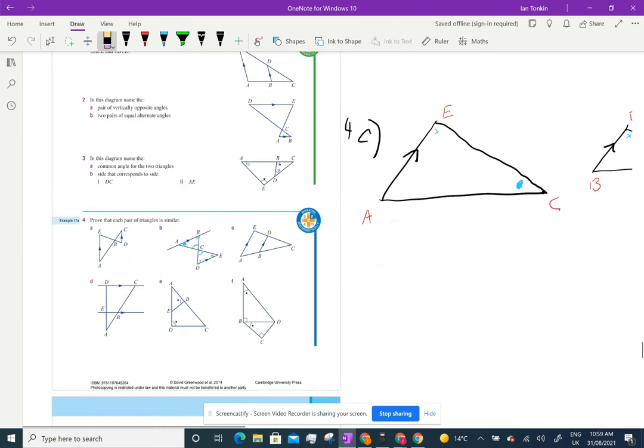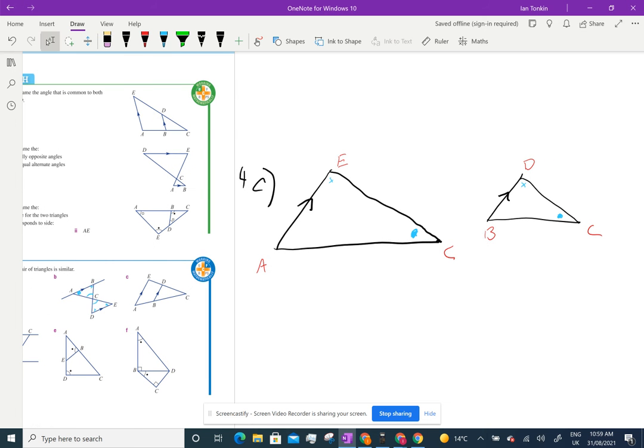And by the same reasoning, this angle and this angle are equal. So away we go. And see, when you draw them separately, it just makes it so much easier. So our aim is to prove triangle AEC is similar to triangle BCD.